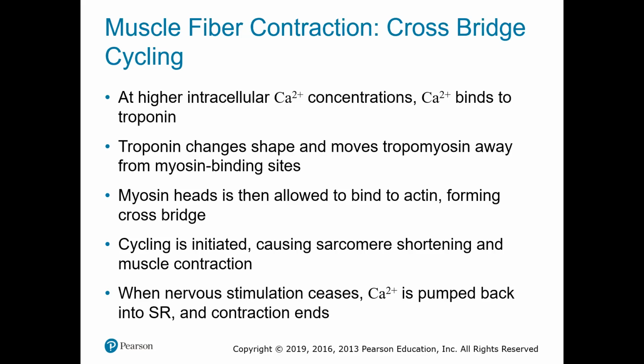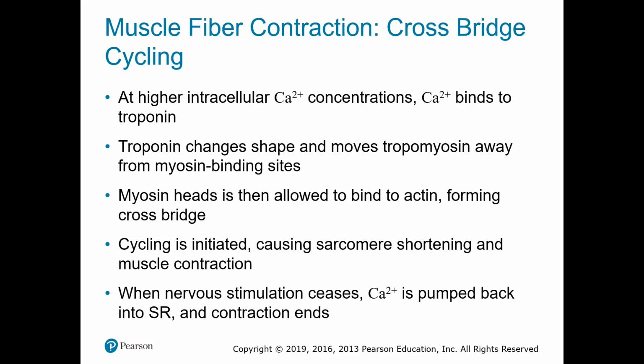The physical junction of the calcium to the troponin, where they bind together, will cause the troponin to roll over, drag the tropomyosin with it, and expose the binding sites. And that allows the myosin to actually grab onto the actin and form what we call the crossbridge.